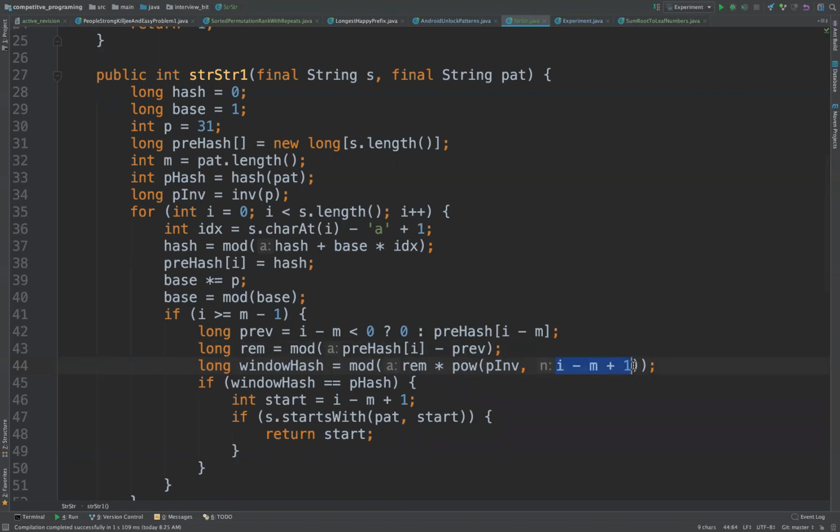I minus m plus 1 gives you the start index of that window. Is that clear? Yeah, you multiply by the inverse to make it become P0, to start from P0. Okay.